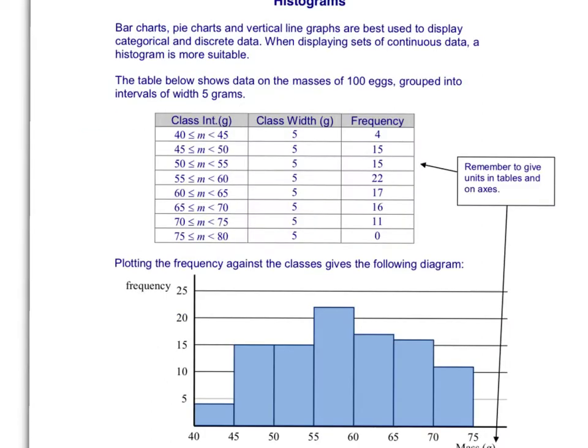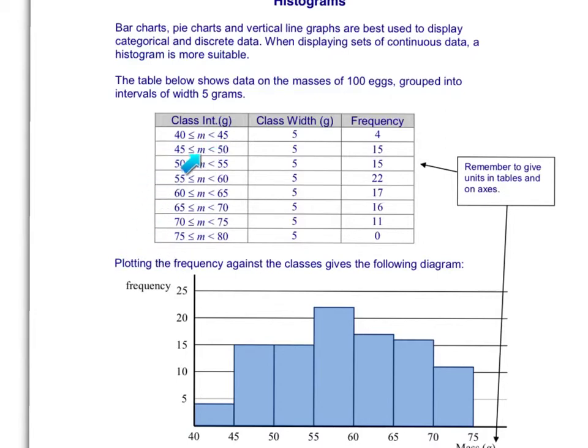Right, histograms are really important. When we've got discrete data, we can use line graphs, bar charts or pie charts for categorical data and discrete data. However, when we've got continuous data, then a histogram will be more suitable. Now notice here, firstly it ends on 45 and begins including 45 to 50, and then including 50 all the way to 55.